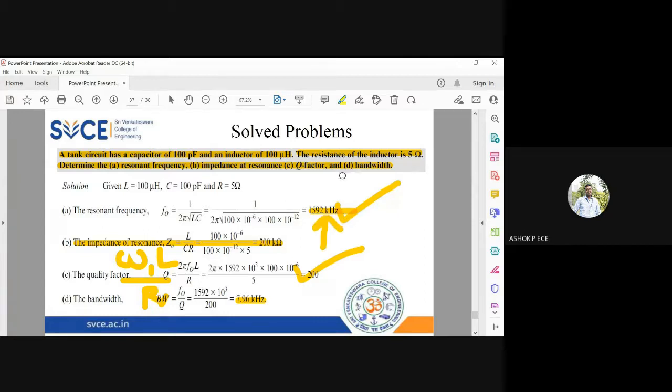At this frequency, you have maximum gain. Other than this frequency, wherever you operate, it is going to provide gain which is lesser than the peak value. Okay, so that is what we have in unit 5.